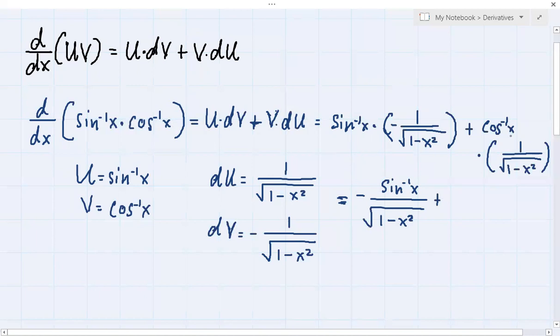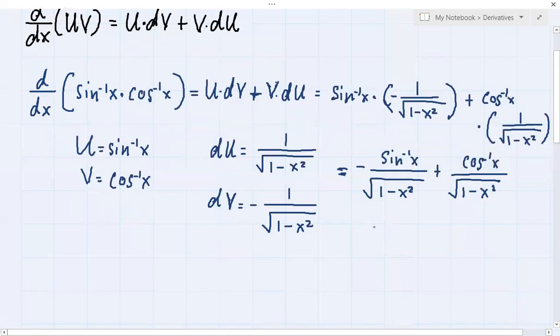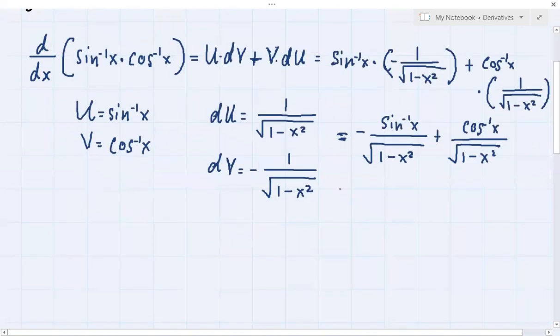Plus, sa second term, multiply natin si arc cosine dito sa naka-parenthesis. We will have arc cosine all over the square root of 1 minus x squared. So we can leave this as your final answer. Or, pwede natin siyang i-simplify. Okay, we can do that. Since both of them have the same denominators, we can add them together.